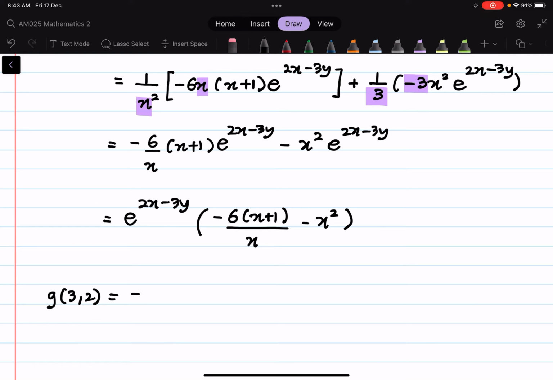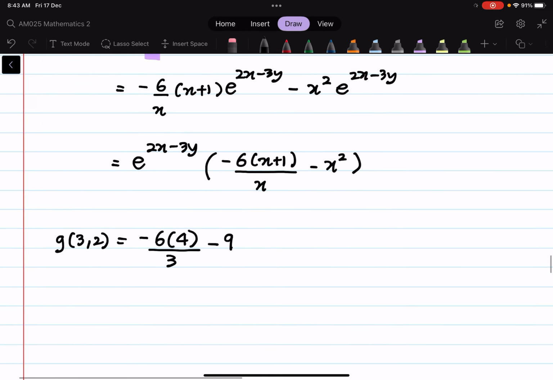So negative 6 times, put the 3 here and 3 also here. 3 plus 1 is 4, divided by 3, minus 3 squared is 9. So we're going to get negative 8 minus 9, which is negative 17.